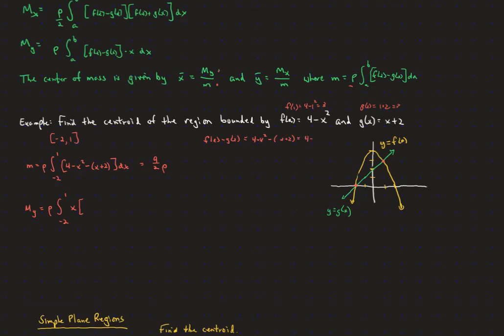So that's going to be 4 minus x squared minus x minus 2. So 4 minus 2 is 2, minus x squared. So let's put that in here as 2 minus x squared. And then there's our dx. And I believe when I did that, I think that's a -9/4 rho.